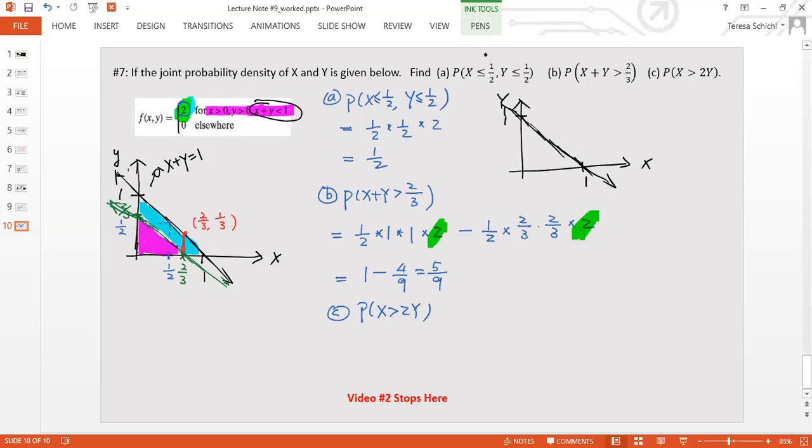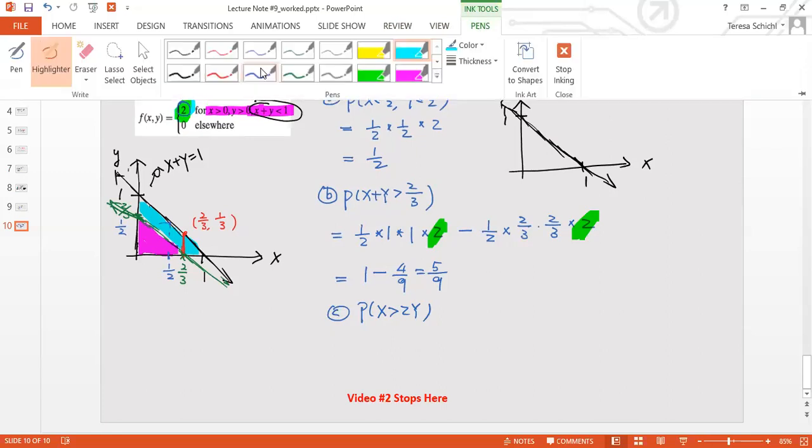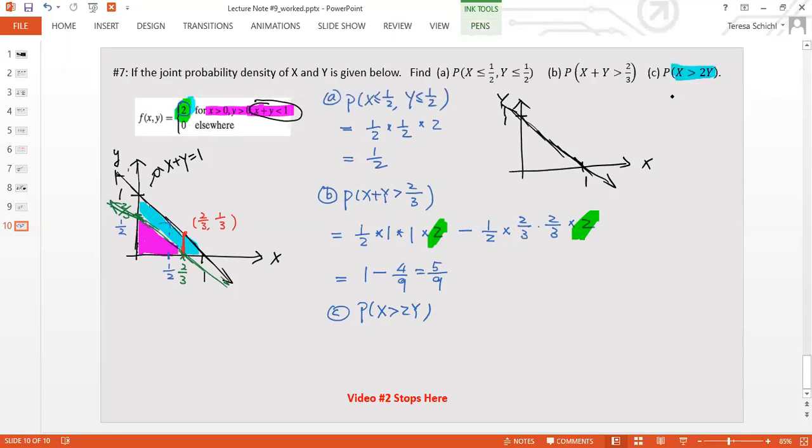Now I'm looking for x equal to 2y, so I'm going to draw the line here. When x equals 0, y equals 0.